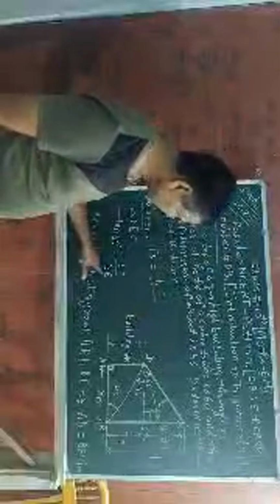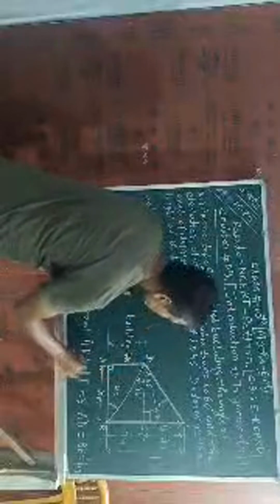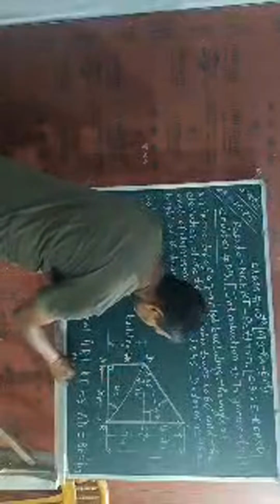Now the length of DE is also equal to AB. Here I will also write that line AD is parallel to BE.